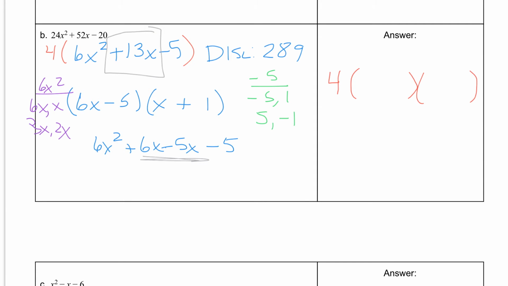So our first option is to go back and switch those around. So sticking with the same two numbers, this first group, negative 5 and 1, I'm going to now try the 1 here and the negative 5 here. So I have plus 1 here and minus 5 here. And how is that going to change my middle term?